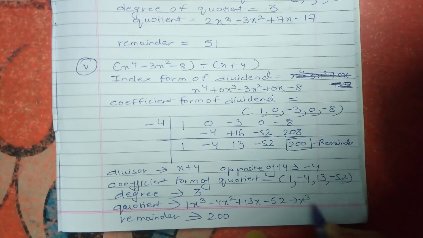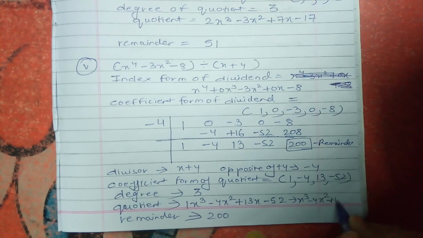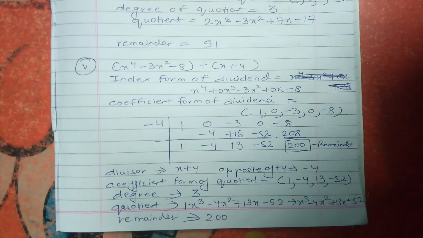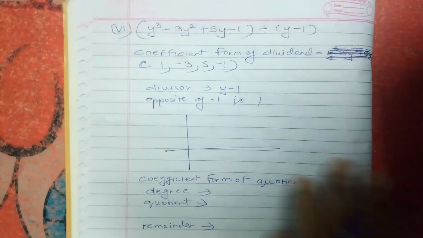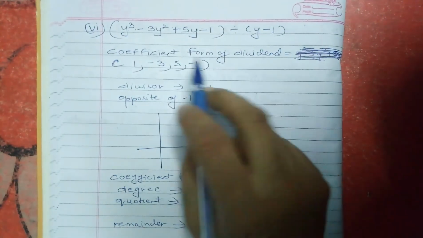That is x³ minus 4x² plus 13x plus minus 52. Okay. So this would be the quotient and remainder.